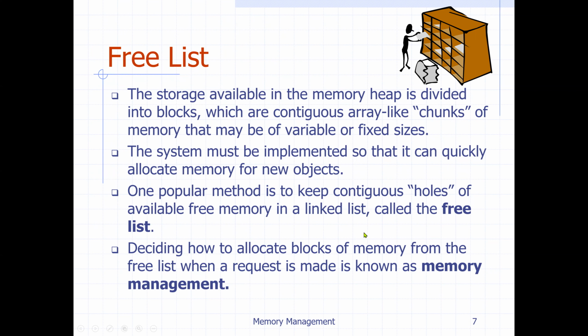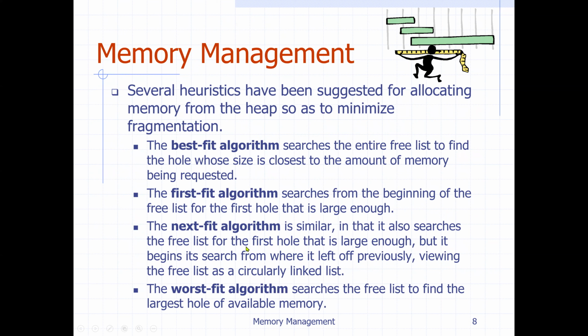This linked list is called a free list. Deciding how to allocate blocks of memory from a free list when a request is made is known as memory management, and this is a very big topic in operating systems. There are many techniques to manage memory; in fact, we have a memory management unit in our operating system, one of the operating system functions.